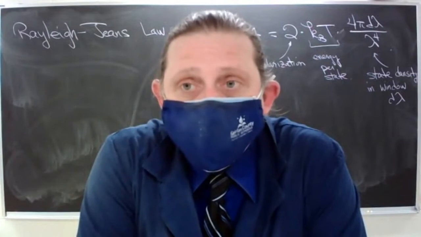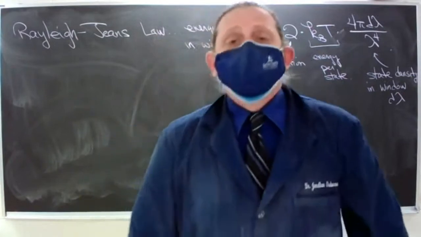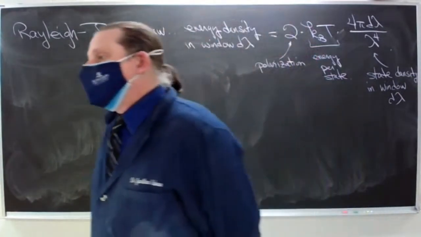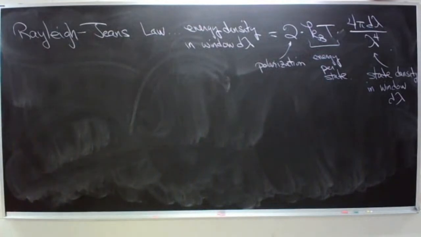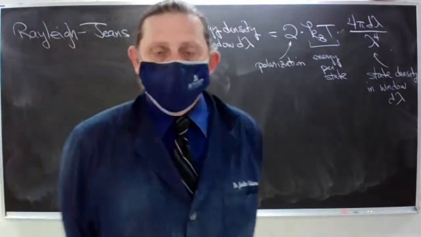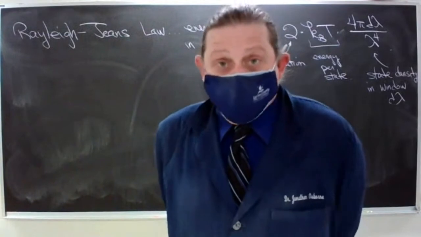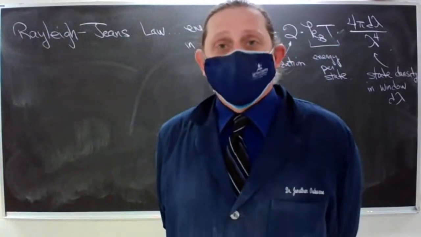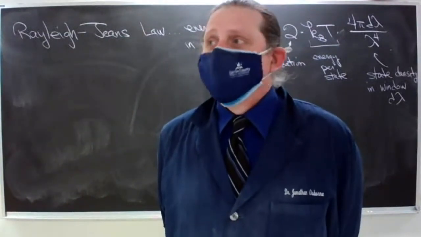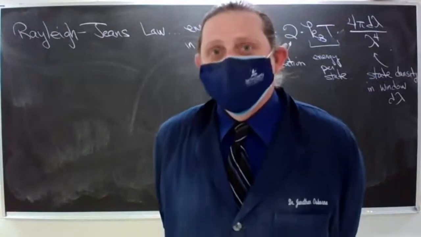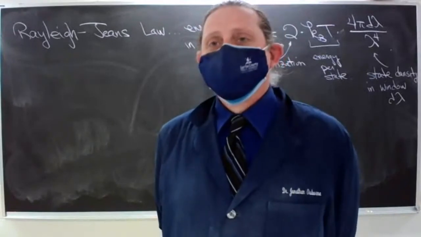Perfectly consistent. What's inconsistent is that this is not what we see in experiment. This isn't what our experience indicates. We do see matter come into thermal equilibrium, all right, at temperatures other than 0 Kelvin.